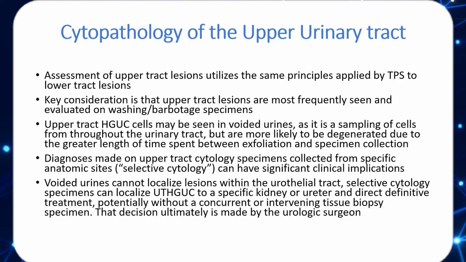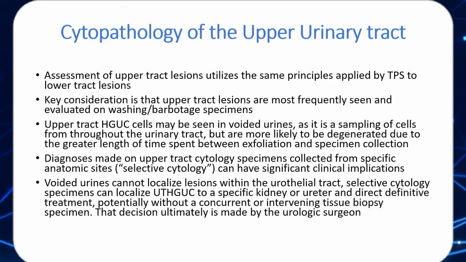Cytopathology of the upper tract, there has been a separate chapter, but what I want to say about this is that in summary, for high-grade urothelial carcinoma, apply the same criteria. It's just the numbers that you have to be cautious with. Again, look for at least 10 instead of 5 malignant cells which are viable and non-degenerated.